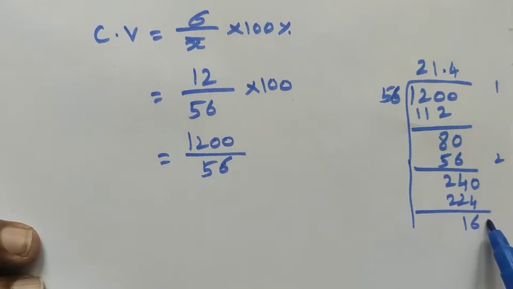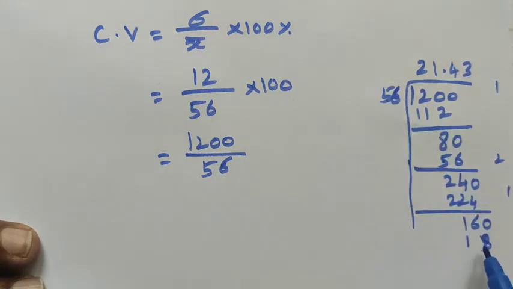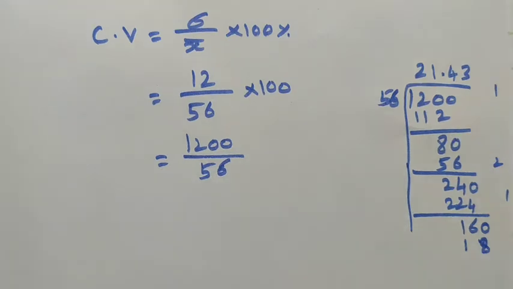Already we have a point, so we can add on 0. 160, we have 3 times. 3 6s are 18, remainder 1, 3 5s are 15, 16. So 3 times is not possible, so we take it as 2 times. 2 times is 112.